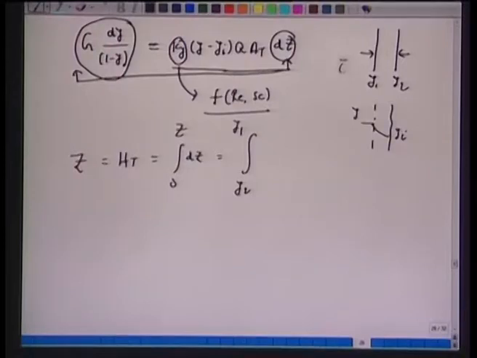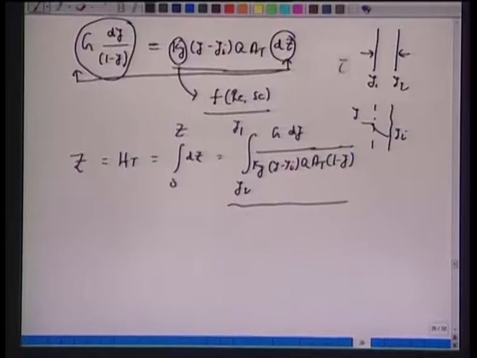Remember, y1 is larger than y2. G dy over Ky (y minus yi) A cross-sectional area AT into (1 minus y). So, if we can evaluate this integral, we should be able to get the height of this column.